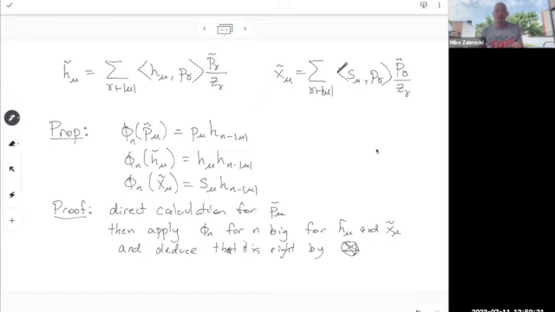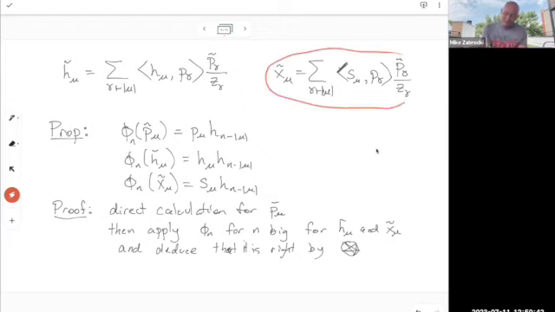My second identity: here I can prove symmetric function identities by saying I'm going to apply my phi n to both sides of the equation. And if it works for a big enough n, then that symmetric function identity must be true. Again, I apply phi n to both sides of the equation. If the symmetric function identity is correct, then the thing is true. So the first one is definitely not hard. You just start from the left-hand side and work your way to the right-hand side.